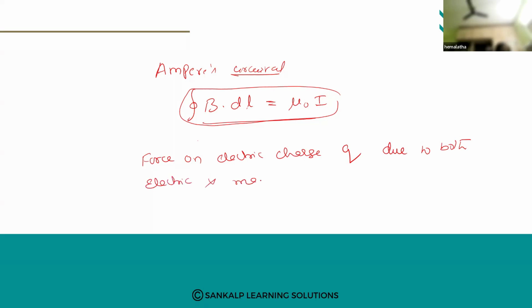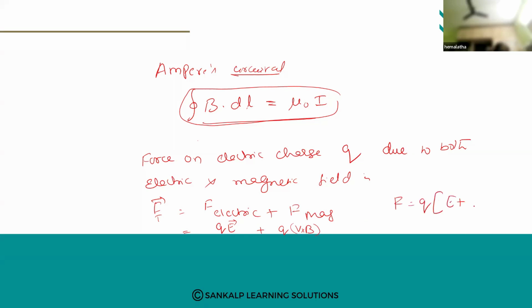The total force is due to the electric field and the magnetic field. The electric force is Q times E, and the magnetic force is Q times V B sin theta, or V cross B. Taking Q common on both sides, F is equal to Q times E plus V cross B. This is the formula.